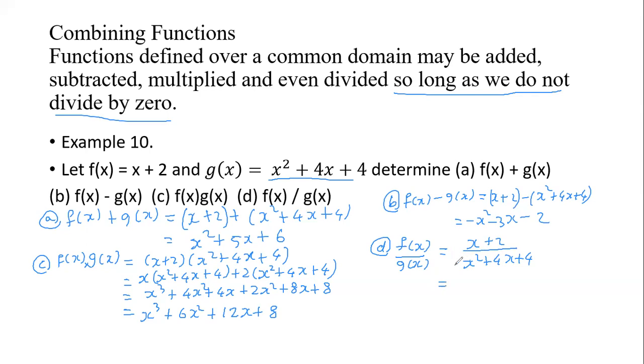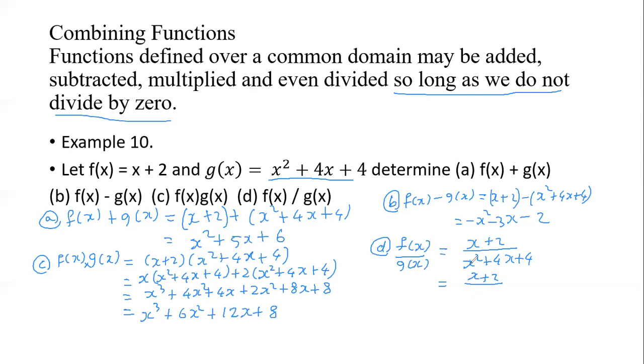Now this one you have to simplify. Let's see if we can factor and simplify this. Factors of 4 that give us 4: 2 times 2 is 4, 2 plus 2 is 4.